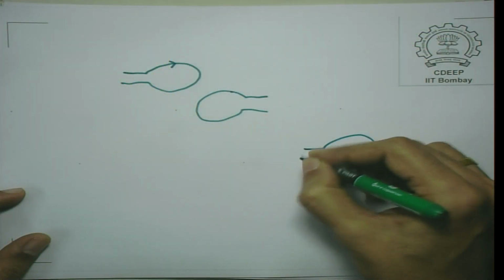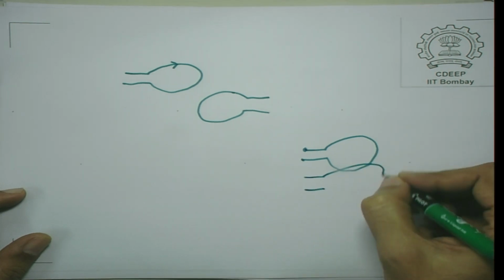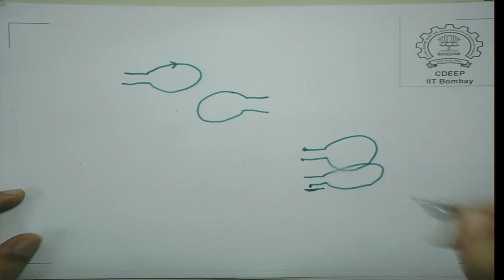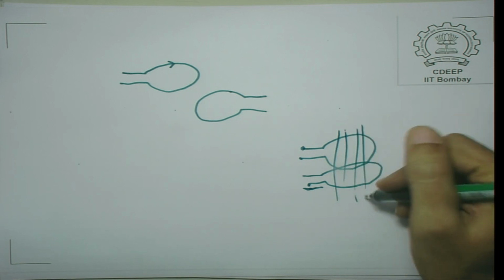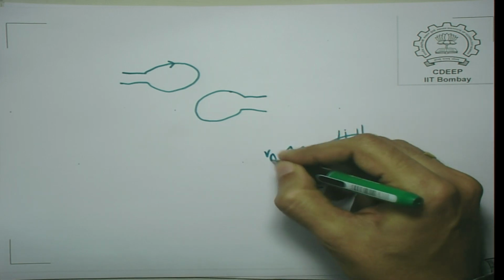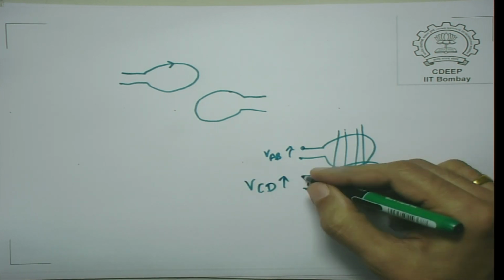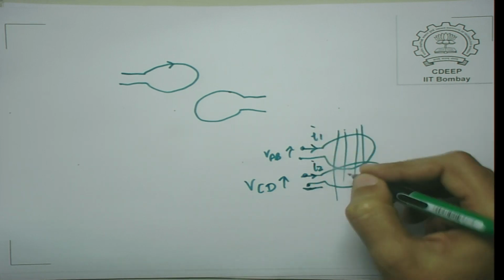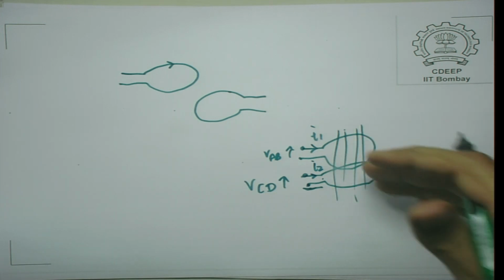If you have got two identical coils and they are just one below the other, they are not actually touching here, there is no connection here, I am just trying to show that they are close to each other and they are seeing more or less the same flux, then VAB and let us say VCD here, if you take the directions I1 and I2, they are exactly similar, they are wound in a similar fashion, just one below the other.